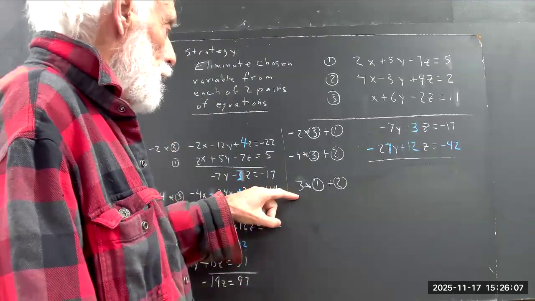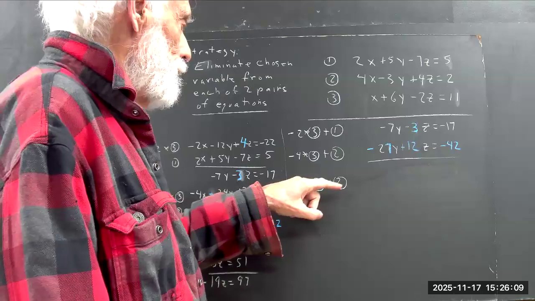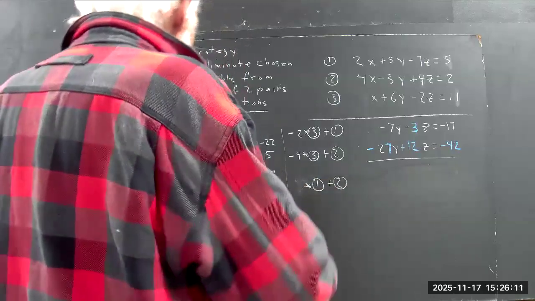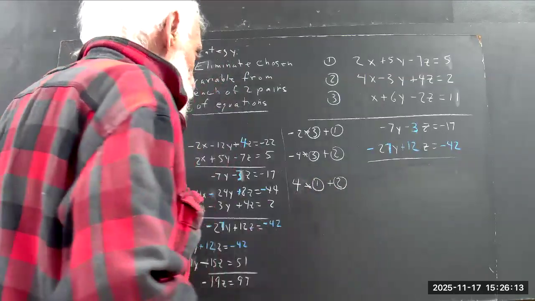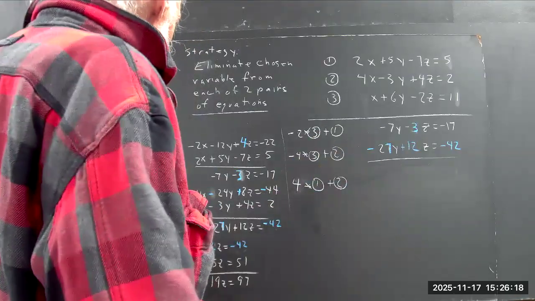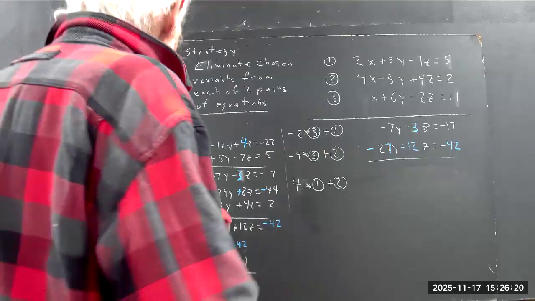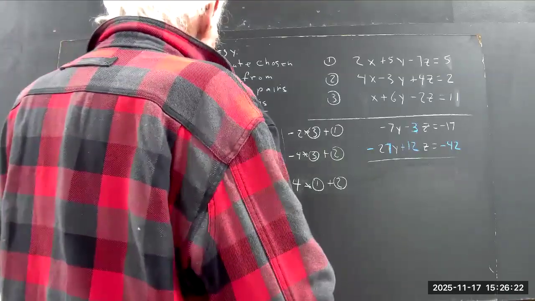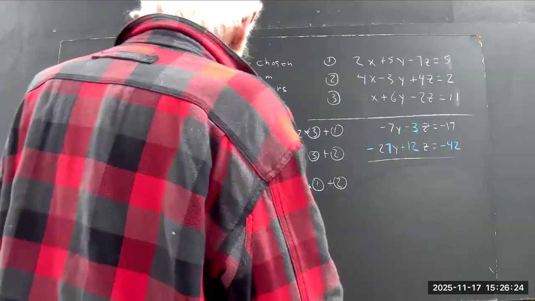So we do -3 times the first equation. It should be 4 times the first equation added to the second. Now I'm going to do that just by, actually I've sort of done it down here, but I did the wrong multiple.